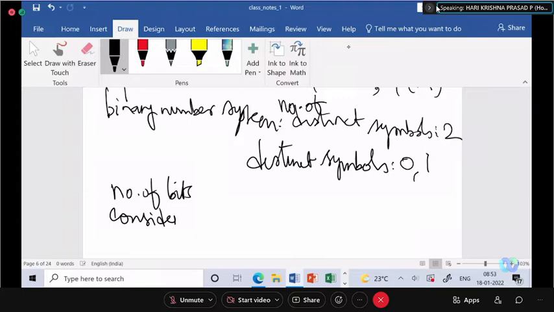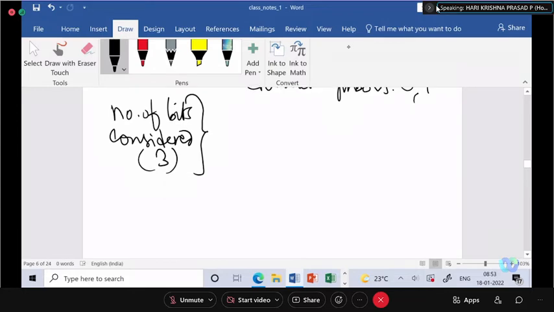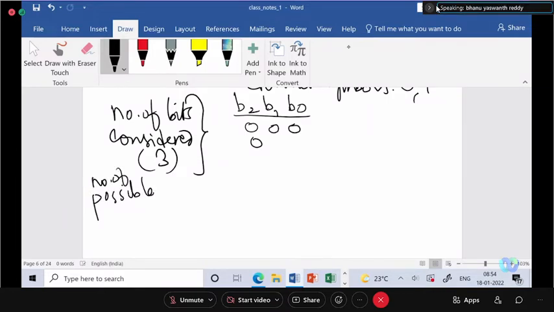Suppose I consider number of bits considered. I considered 3 bits. With 3 bits, how many possible combinations do I have? So let me write B2, B1, B0. 3 bits I have considered. What is the number of possible combinations? 8, 2 power 3.